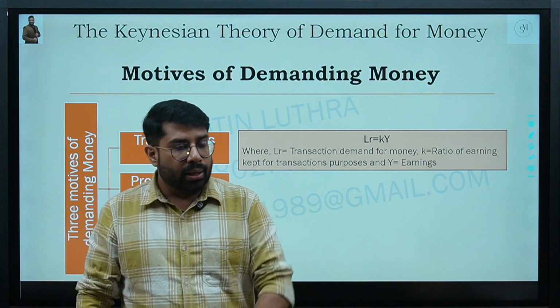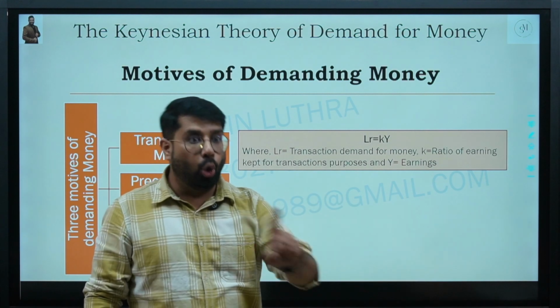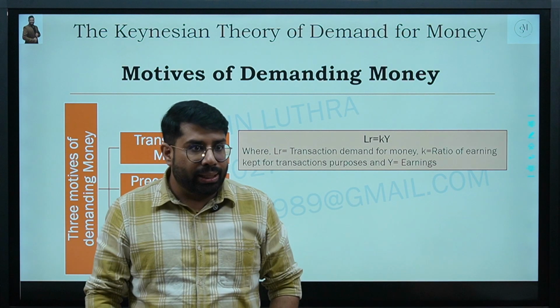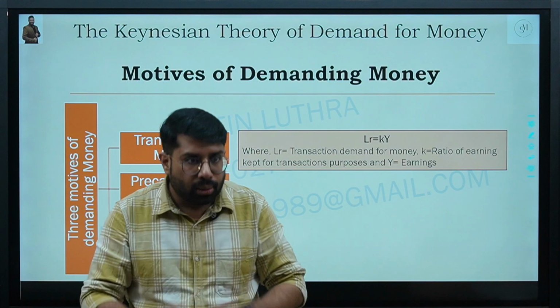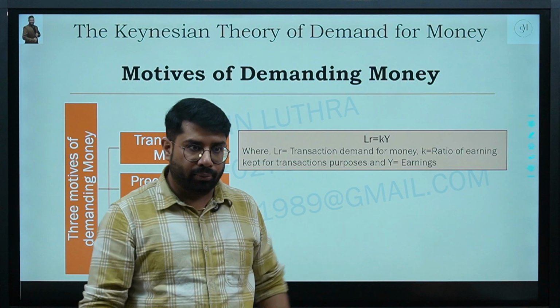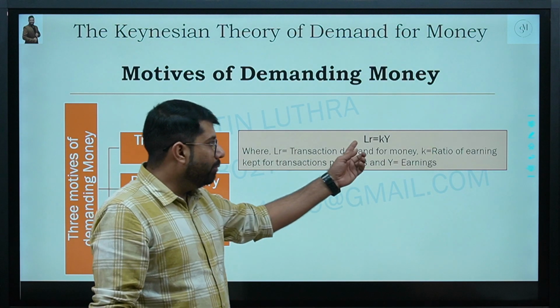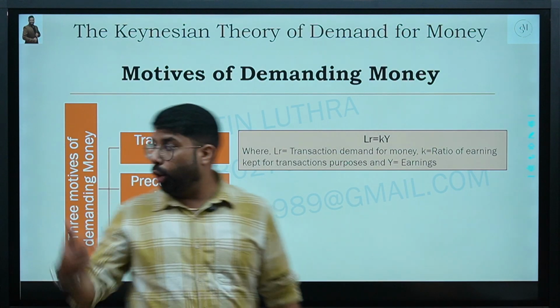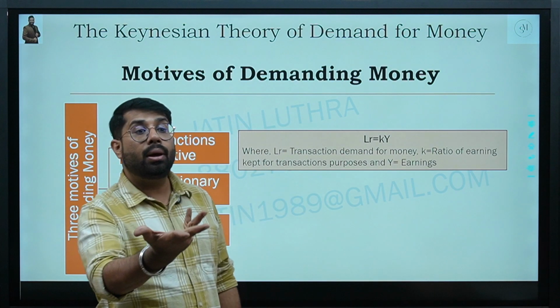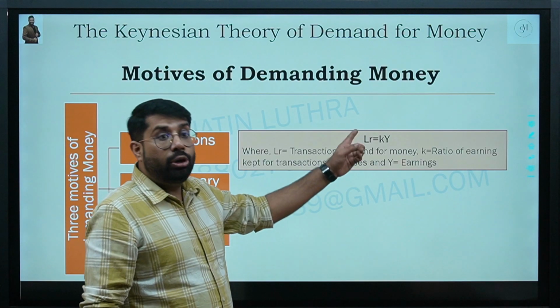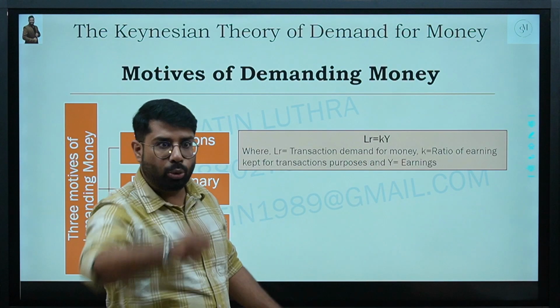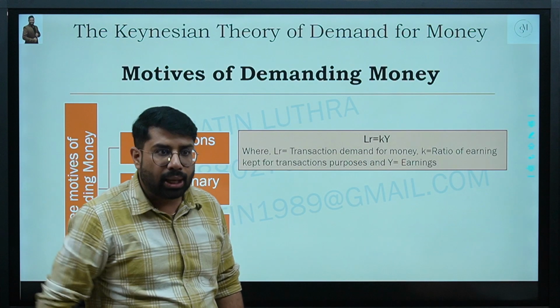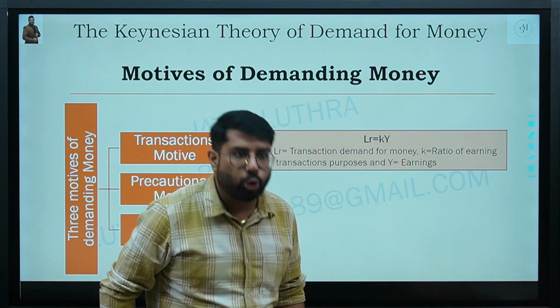Willingness to buy can never be your demand alone, unless it is supported by the money you have. So your willingness will become your demand for transaction when your willingness will be equal to what? Your power to purchase. What is your power to purchase? How much money you have in your pocket to buy the goods.